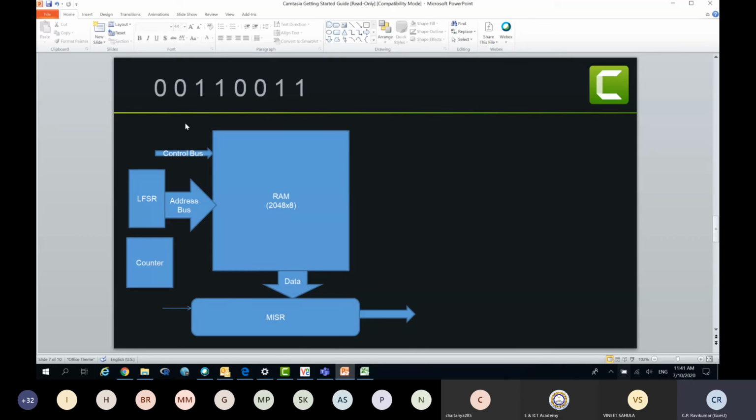And if you get something different, you can also use a counter to drive this, so that it is always the same sequence that you are giving as input.